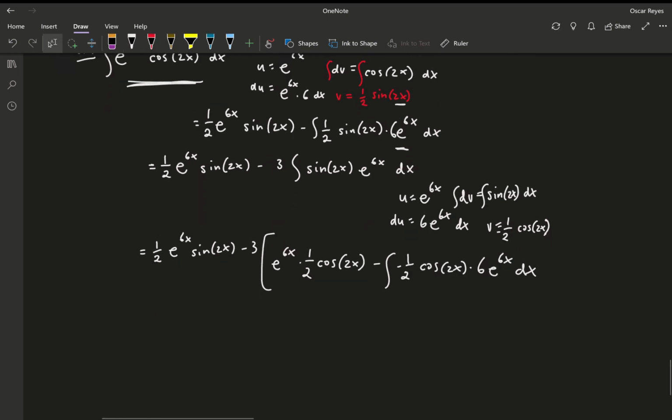So let's go ahead and simplify this a little bit more. So we have equals 1/2 e to the 6x sine of 2x minus 3.